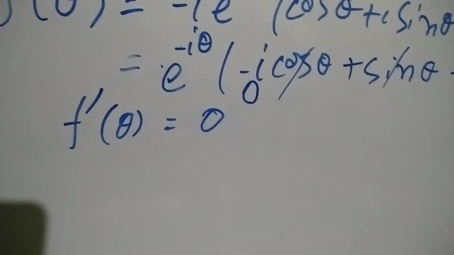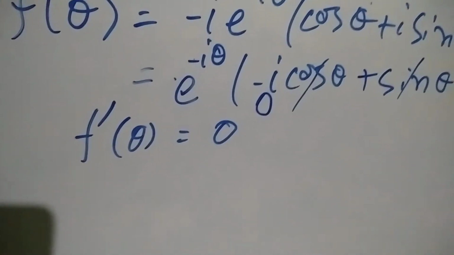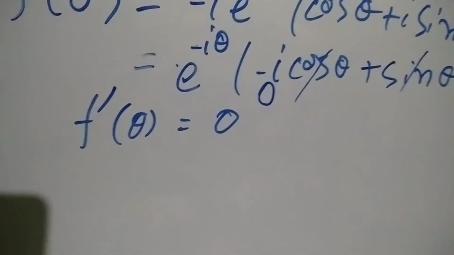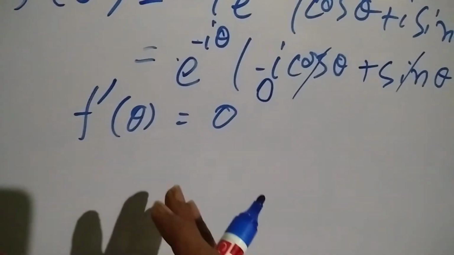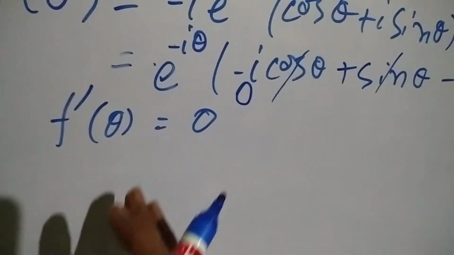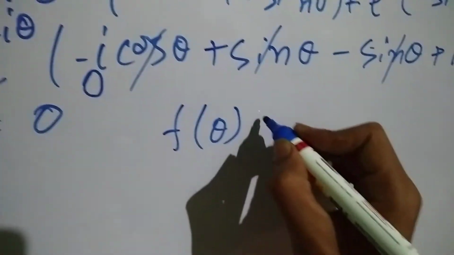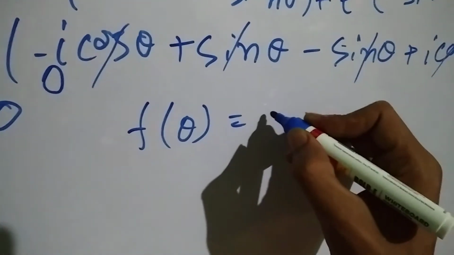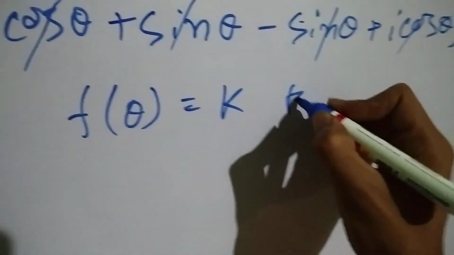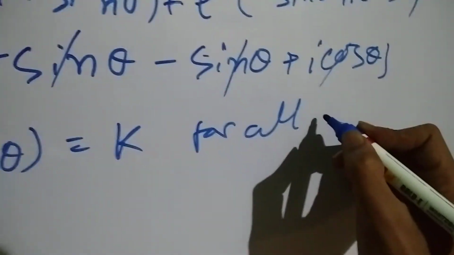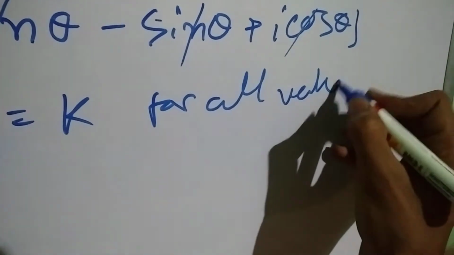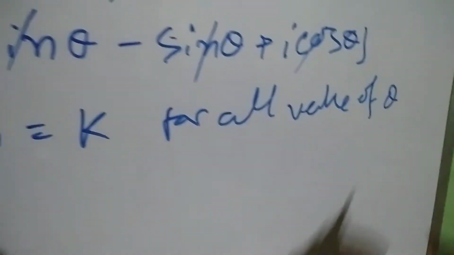And as we know, if we get 0 from a derivative, that means the function is a constant function. So f theta is a constant. Let's take an arbitrary constant k for all values of theta.